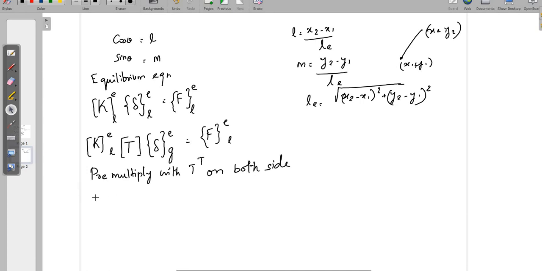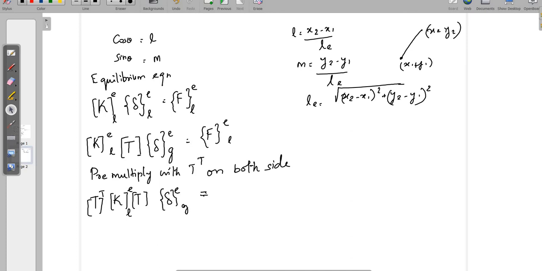So now the equation can be rewritten as T transpose K T delta. T transpose Ke is still in local level. Delta is changed to the global coordinate system.